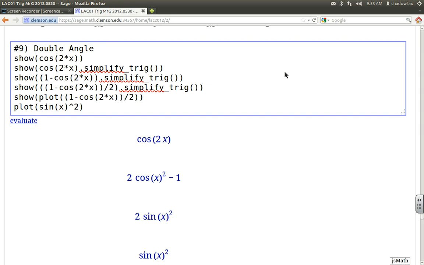It's not graphing the right thing. 1 minus cosine 2x over 2 is sine squared, right? Yes. Are we not dividing everything by 2? All right, get rid of this. Just type it from scratch. Right here.